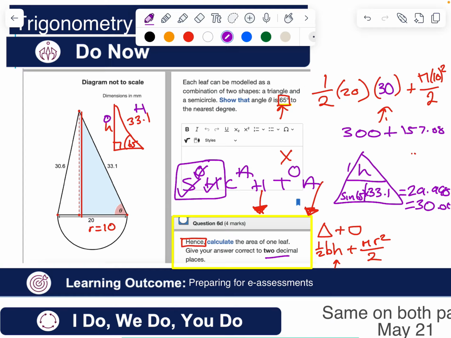And then we just add them together. Your answer for this question is 475.08. Just check the units: millimeters squared. That was in the assess prep task, and it was to show you that you just use the information from above when you're answering.